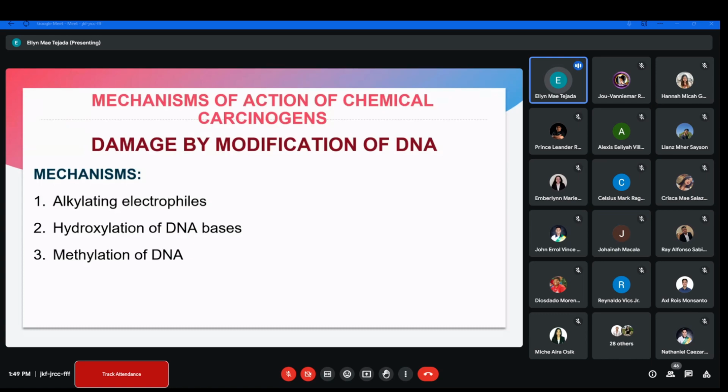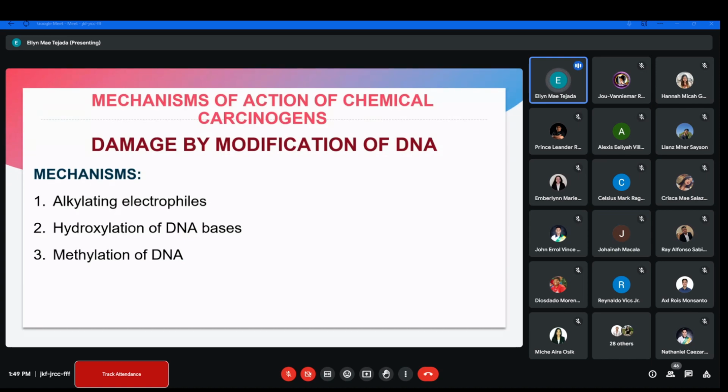Now, as mentioned, most chemical carcinogens require metabolic activation to exert a carcinogenic effect. If you compare activation to the direct effect, even if it is not metabolized, the greatest percentage goes to metabolic activation. It still needs to be metabolized.